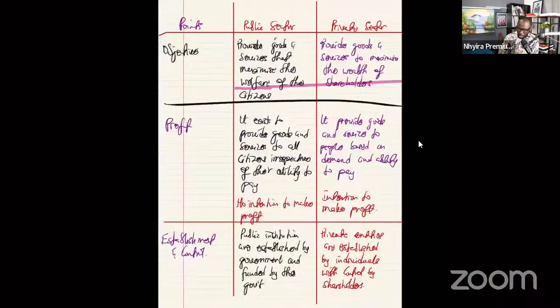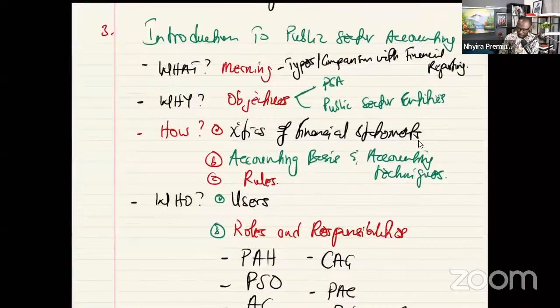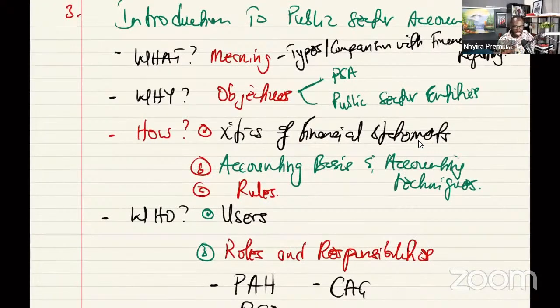So when we talk about public sector accounting, that is what we mean. Now, the key takeaway I want you to have from what we discussed is the differences between public sector accounting and private sector accounting, and then the concept of value for money.